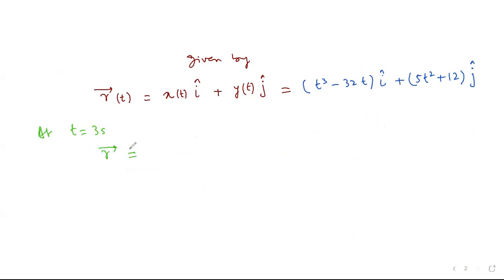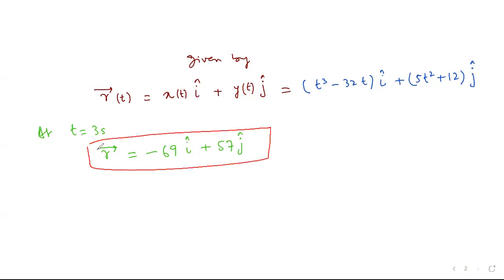So put t is equal to 3 seconds, it will become minus 69 i cap plus 57 j cap. So this is the first answer. How have I done it? It is simple. I have to put t is equal to 3 seconds in this expression.